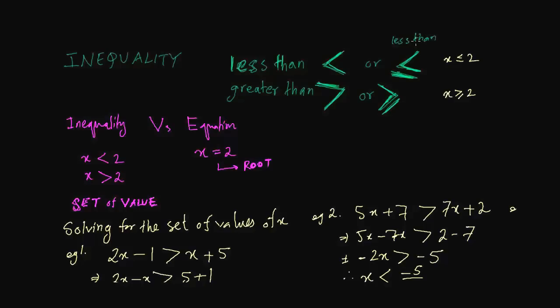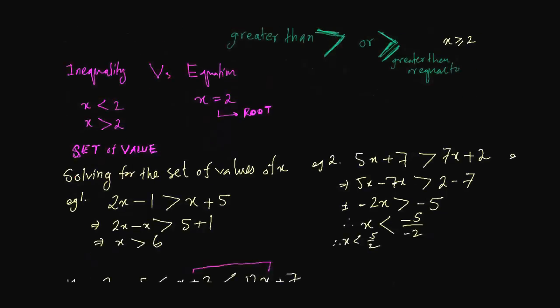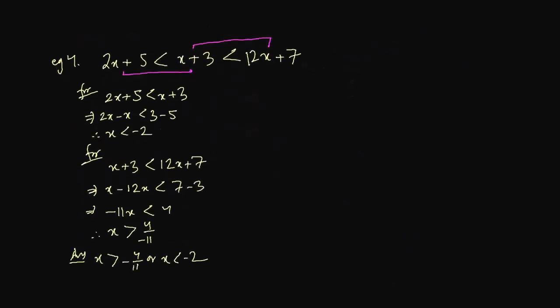Less than or equal to, that's what it means. And greater than or equal to. So these are the four inequality symbols that we need to know altogether.